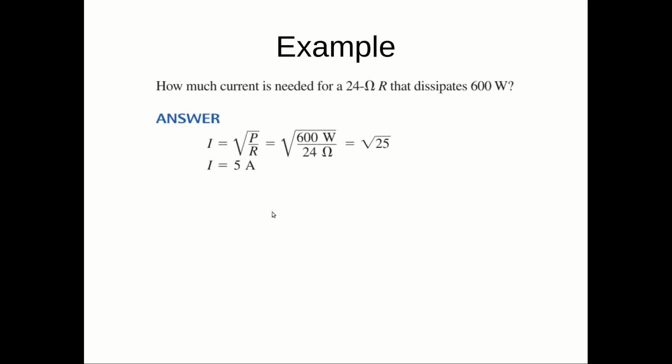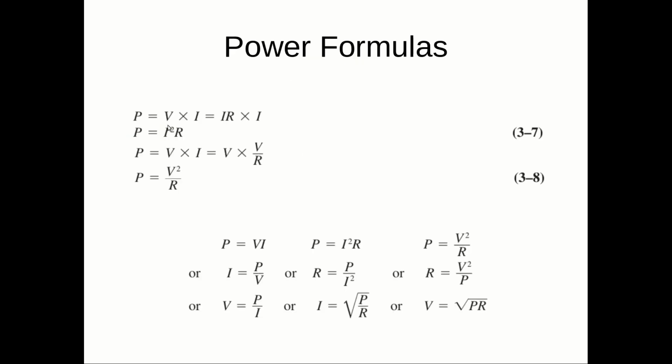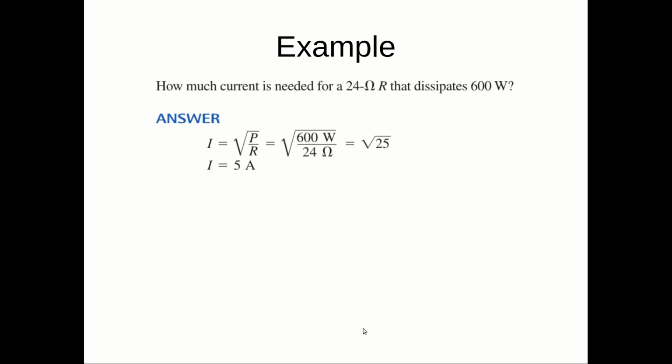As you remember, V equals IR. Here P equals VI or I square R. So I will get I square equal to P over R. So I equals the square root of P over R. So here the square root of P over R, it is 600 over 24, so it is 25.